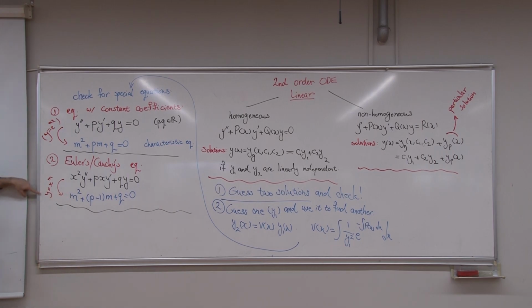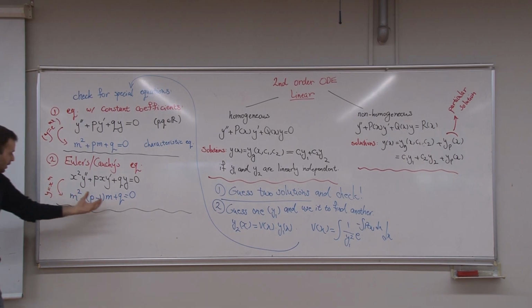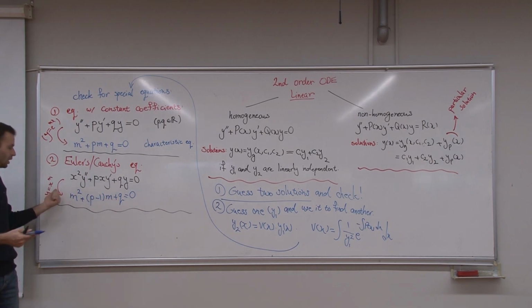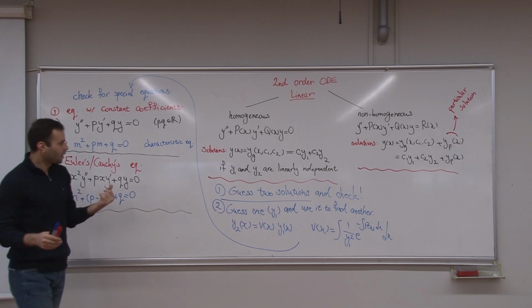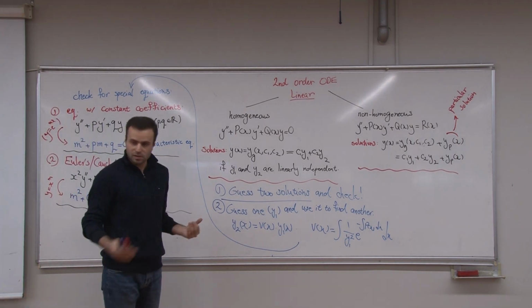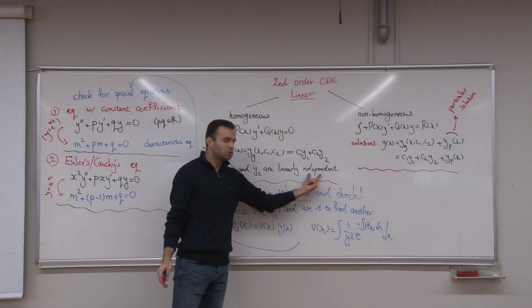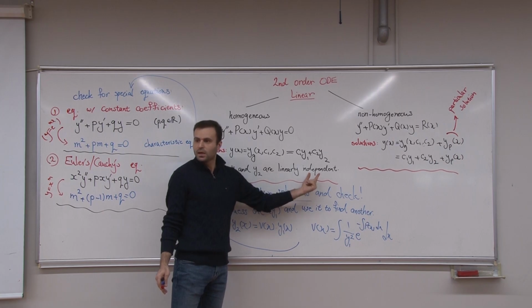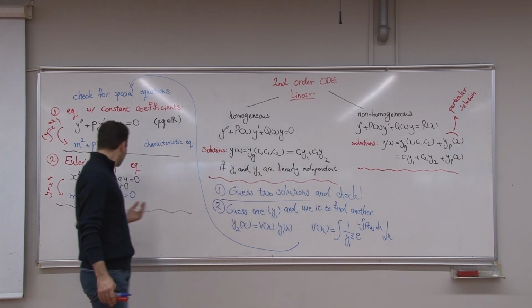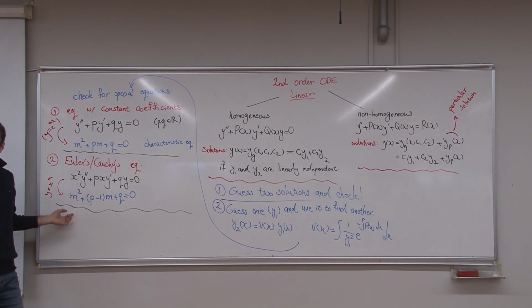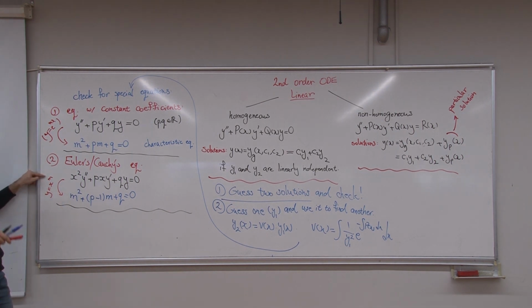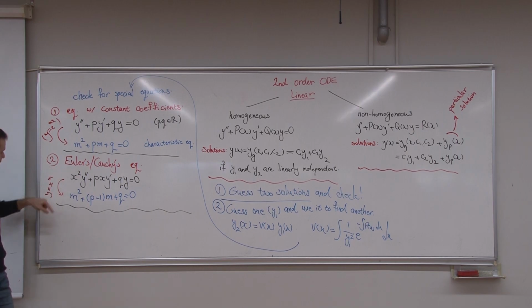What is my test function? x to the power of m, right? I just need to plug m1 and m2 in: x to the power of m1, x to the power of m2. These are two valid candidates for the solutions, and if you check, they are linearly independent. Since they are linearly independent, we can write the general solution as c1 x to the power of m1 plus c2 x to the power of m2, for the case of Euler's equation.